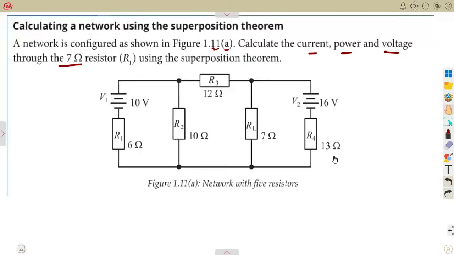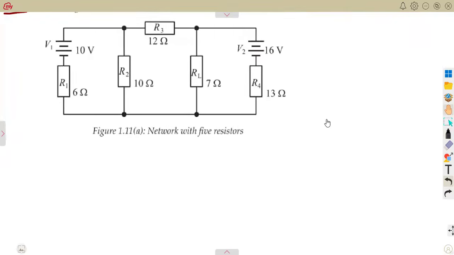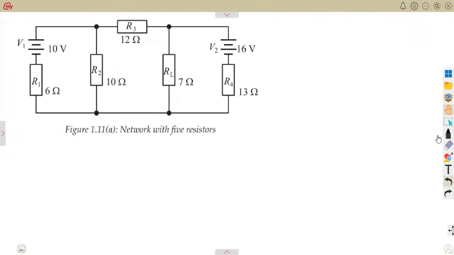So if we are to consider, from our previous case, I talked about this superposition in an introduction where we need to determine the currents separately. So definitely, according to V1, we're going to have the current flowing from the supply.